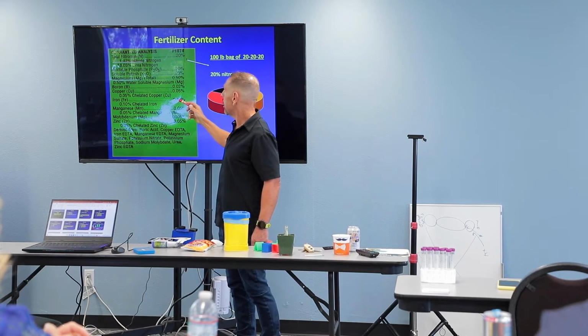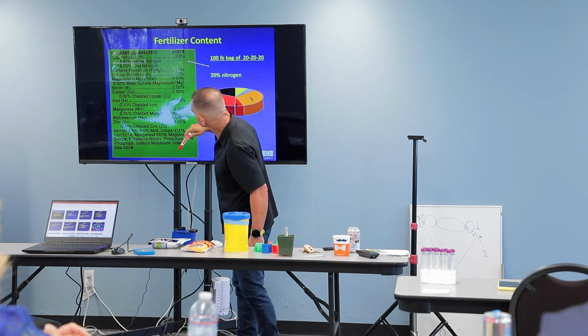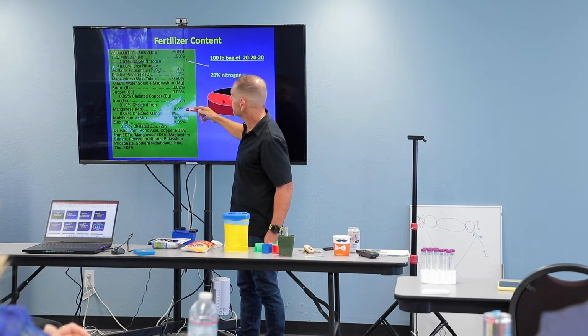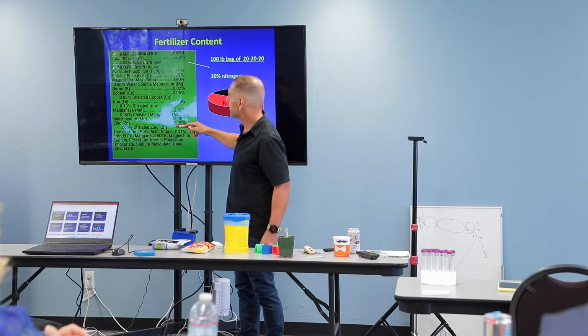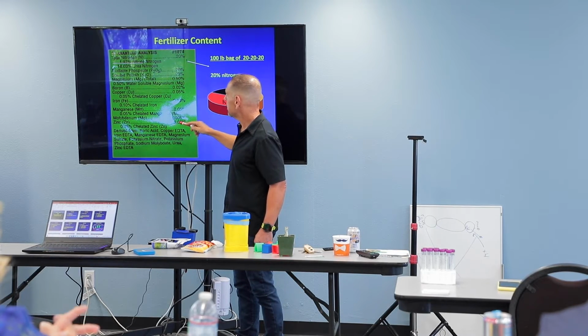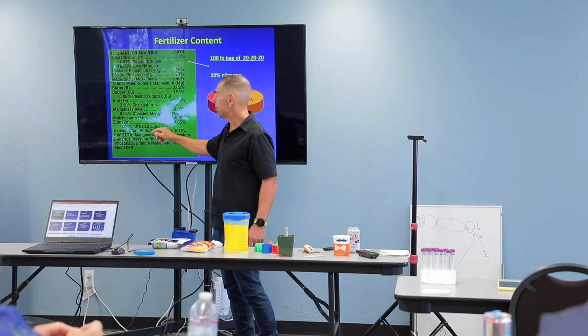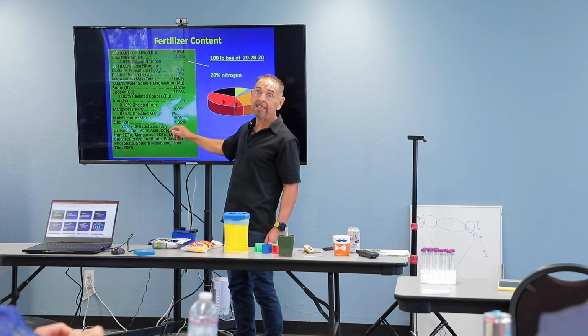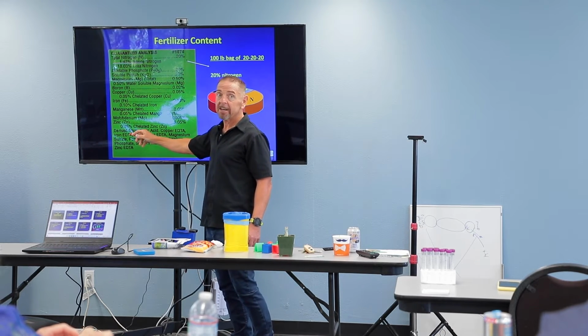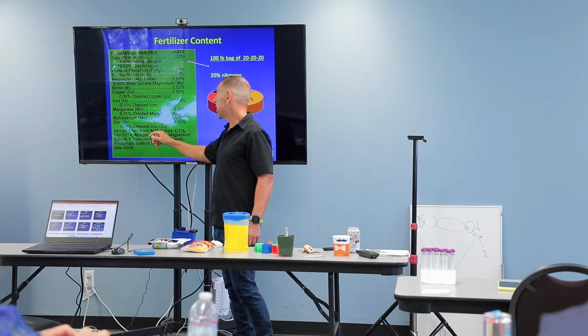Here's copper, iron. Oh, you can't read it. It's like 0.1. Manganese, no, 0.1%. Manganese, 0.05. Molybdenum, and then zinc. And so here you have derived from boric acid, so boron is from boric acid, copper EDTA, remember the chelate, iron EDTA, okay, manganese EDTA.